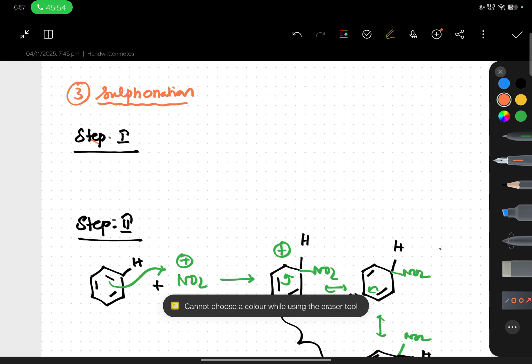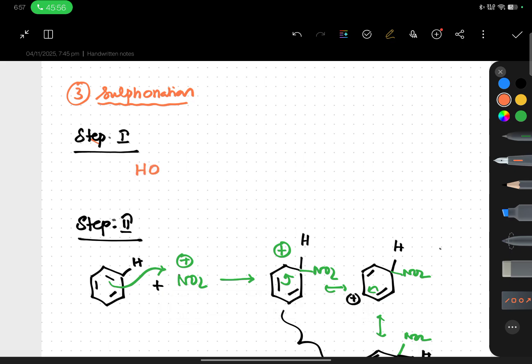How to generate it? HO, SO3, OH plus another molecule of H, HSO4.